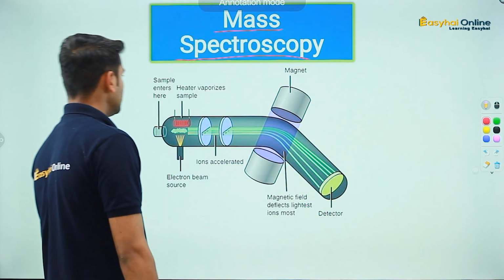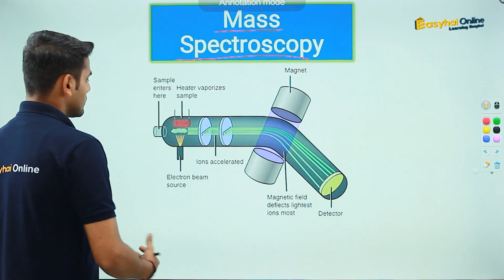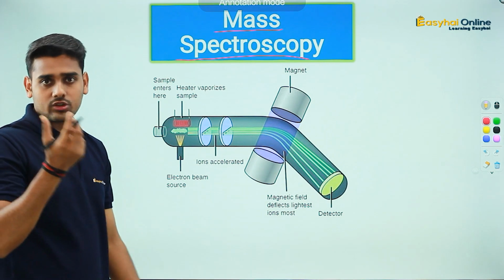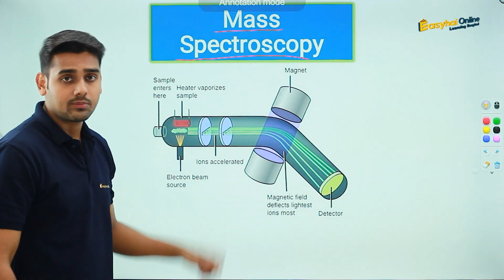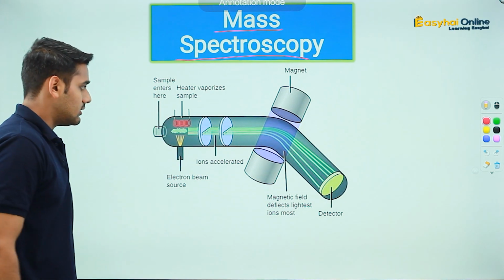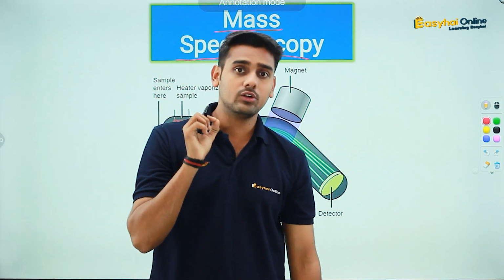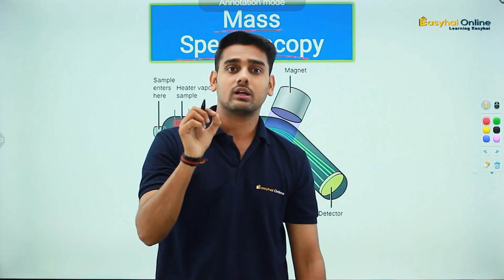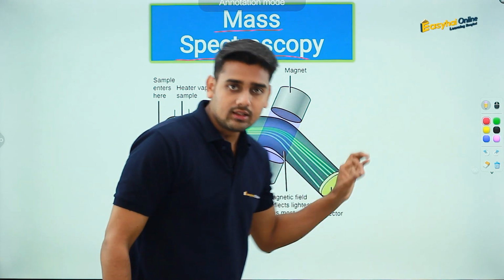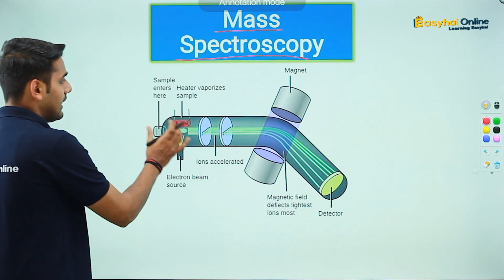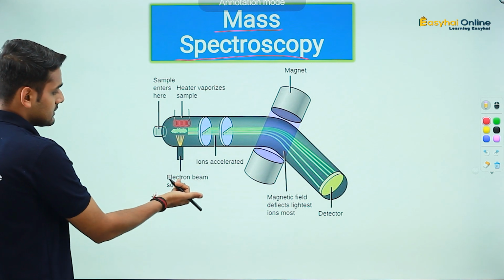What we basically do in mass spectroscopy is, I have a sample, a bunch of atoms whose mass I want to measure. The sample is sent here, but that sample needs to be charged, because only charged particles experience a force in a magnetic field, uncharged particles do not. So there is this electron beam.